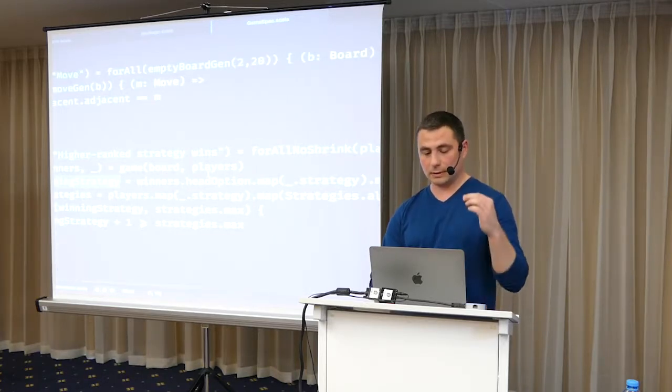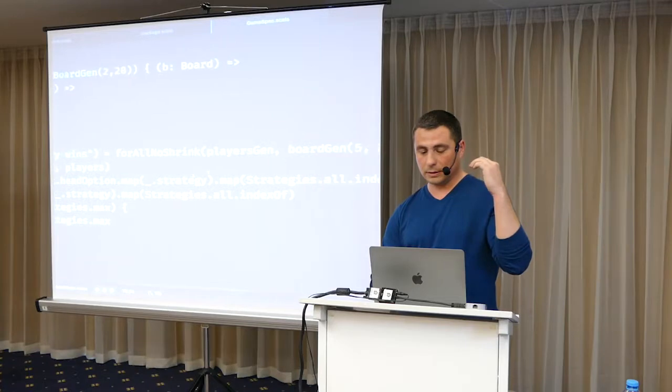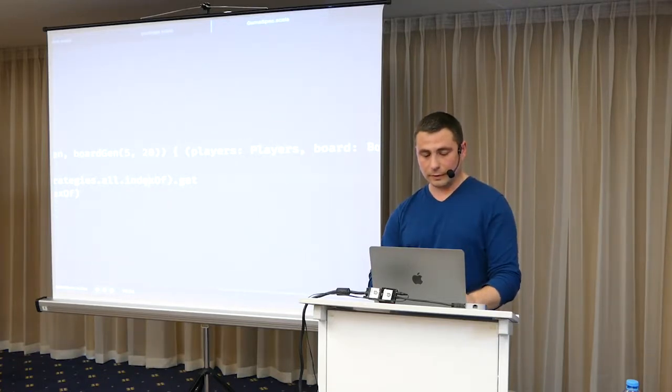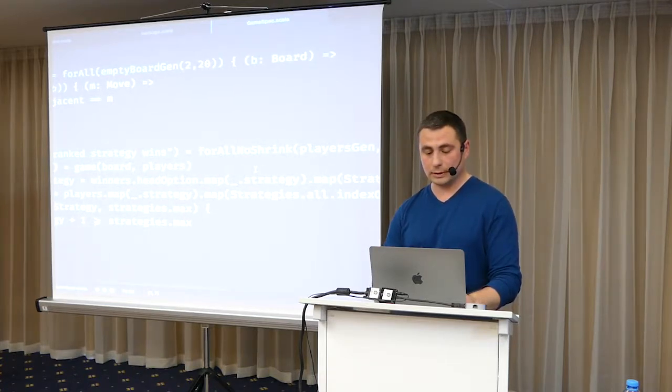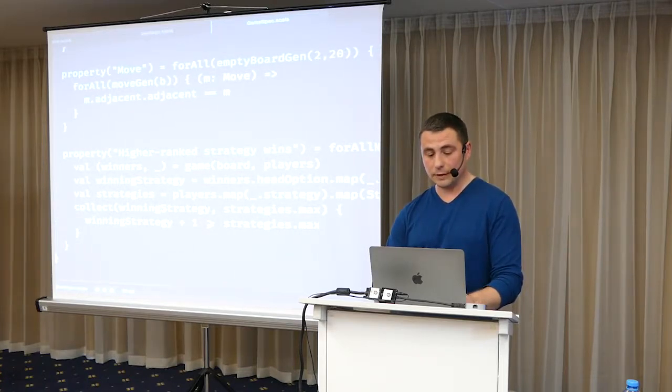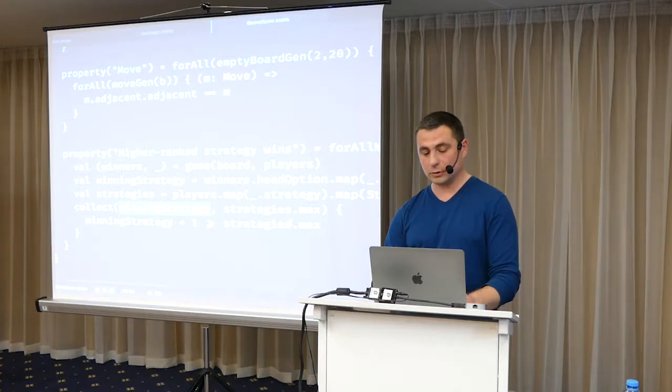For us, it's the most. So we just took the place in the collection of all strategies, and the strategy with higher index should be winning. And then we compare the strategy which is actually winning with the strategies of all players, and we say, okay, the winning strategy should be on the top of the list.